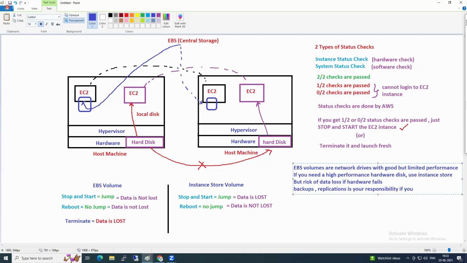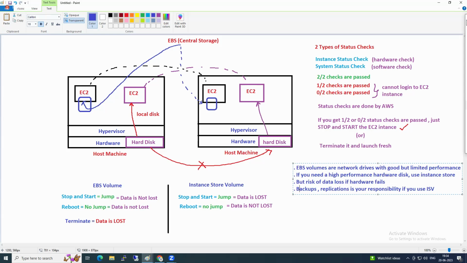If you use instance store volume, some people also call it ISV. What is the meaning of ISV? Instance store volume. If you are using instance store volume, is there any possibility AWS will give the backup for you?